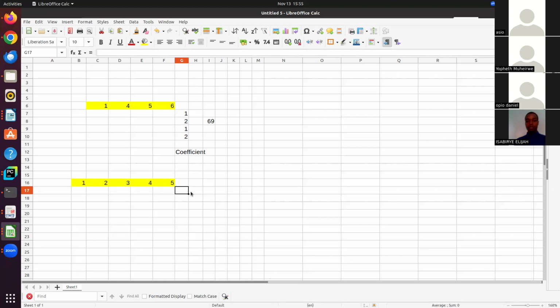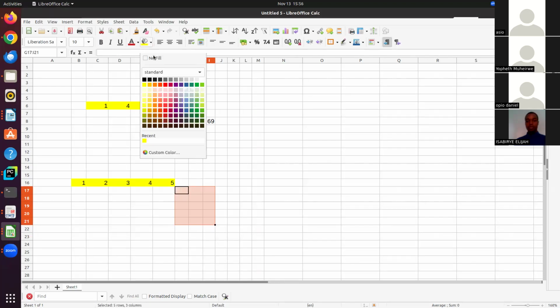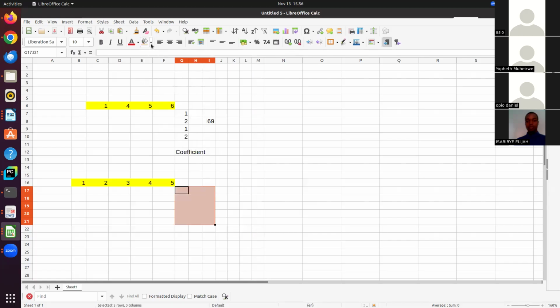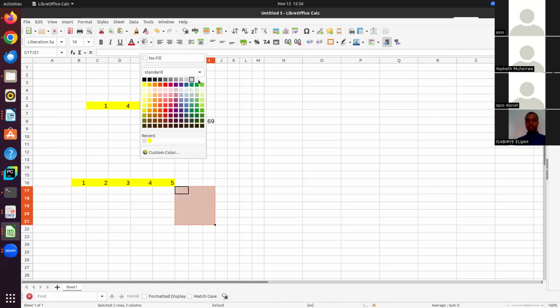So I will need a matrix with, first of all, since I have 5 here, 5 rows. And I want to convert it to 3, so I will need a matrix of 5 by 3. Let's color it with a different color.